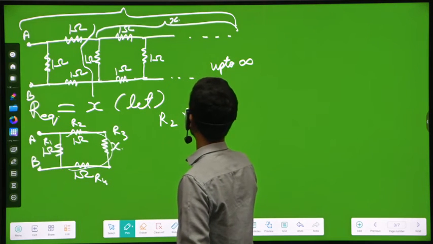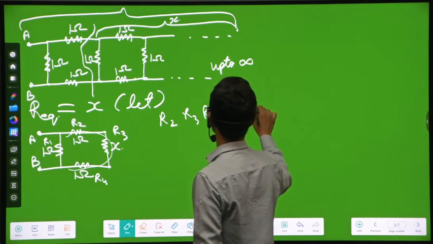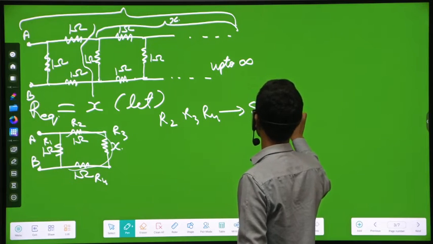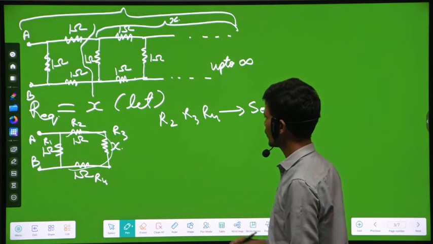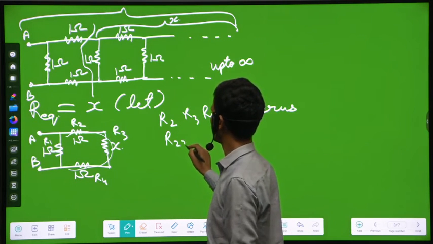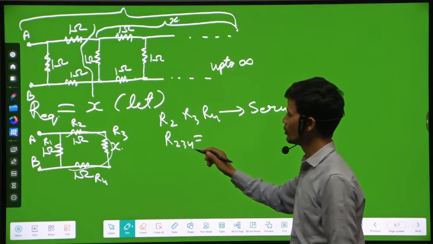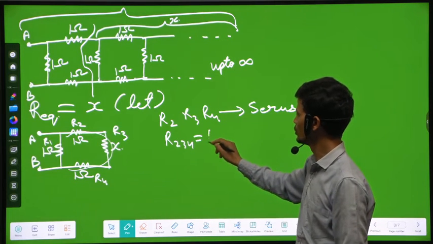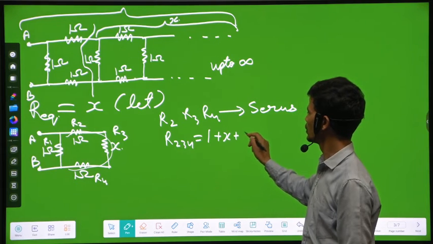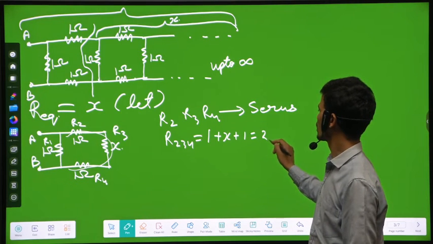So R234 is equal to 1 plus x plus 1, that is 2 plus x.